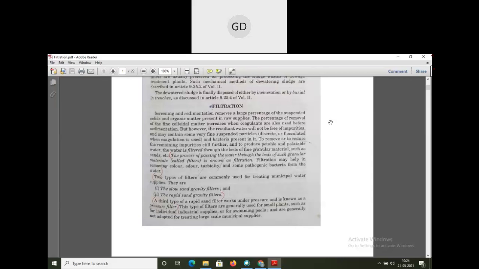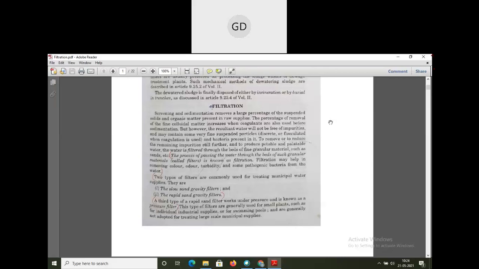After the floc is created, the suspended particles settle down, and after that the water is passed through the sedimentation tank, and then it flows to a filtration tank. Okay, the filtration part.